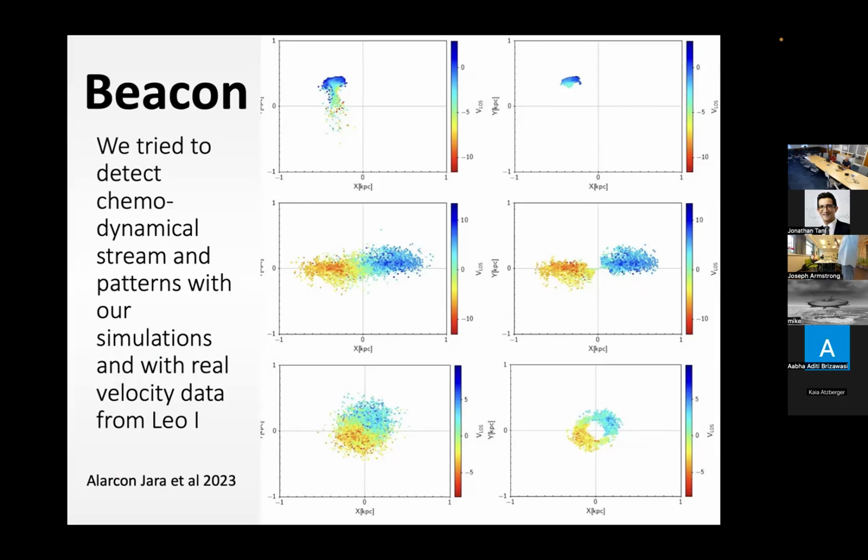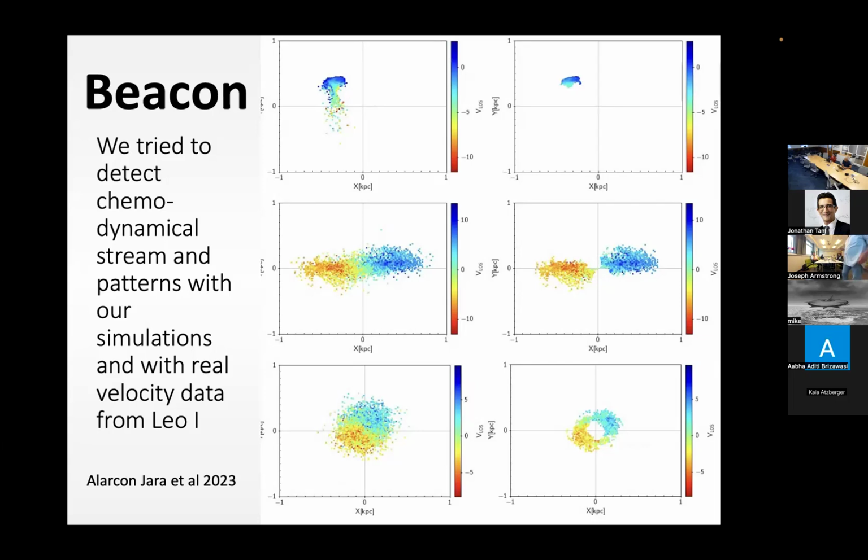which, if you form stars in different groups and star clusters, you don't expect all of those groups to have the same metallicity. You would have some metallicity spread. And this code, Beacon, is even intelligent enough: if it sees another group on the other side with exactly the opposite velocity, it puts the two groups together as a double-sided stream.